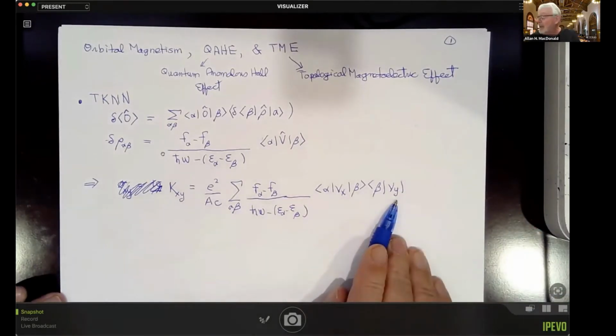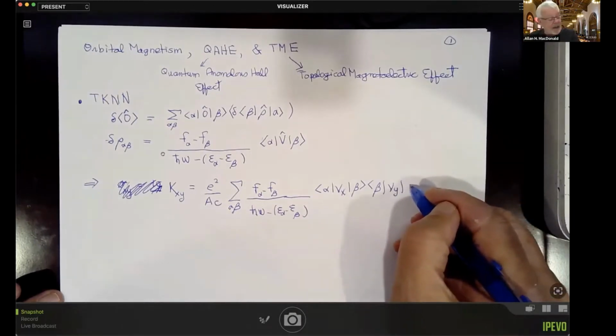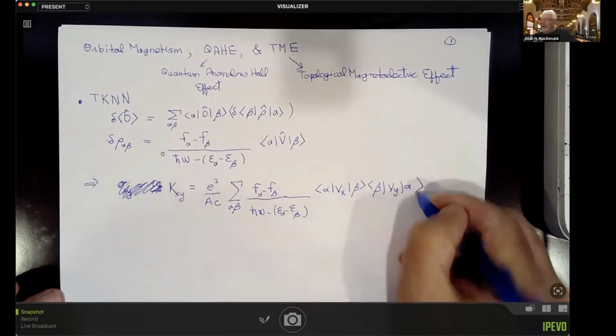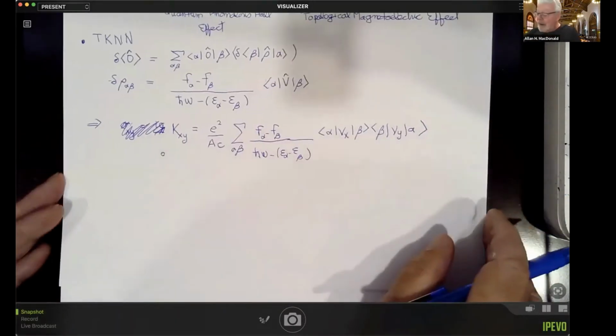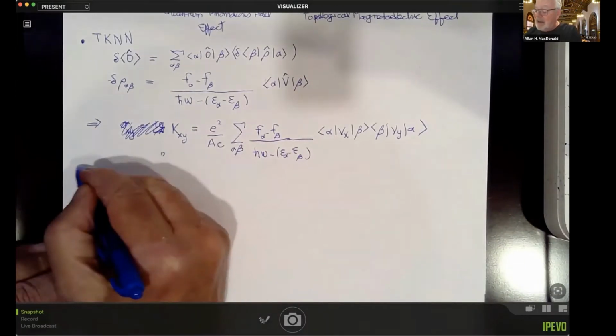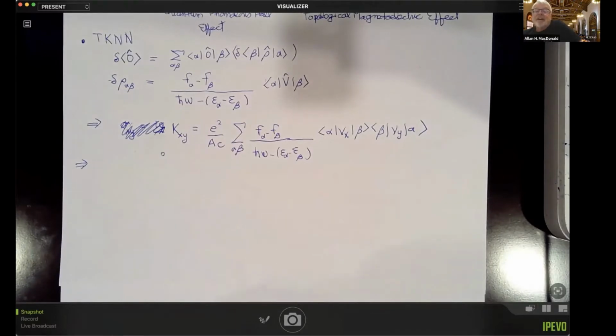The Y component of electric field couples to the velocity operator in the y direction. And then we remember that the electric field is the time derivative of the vector potential.